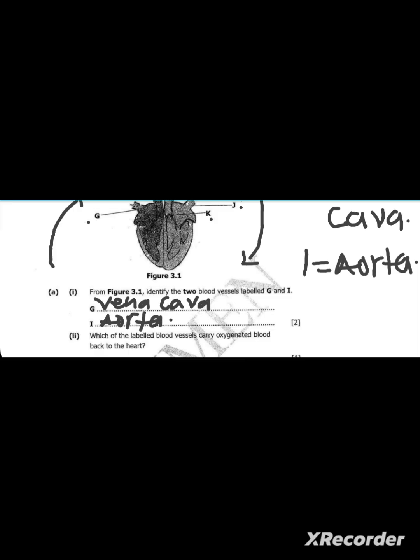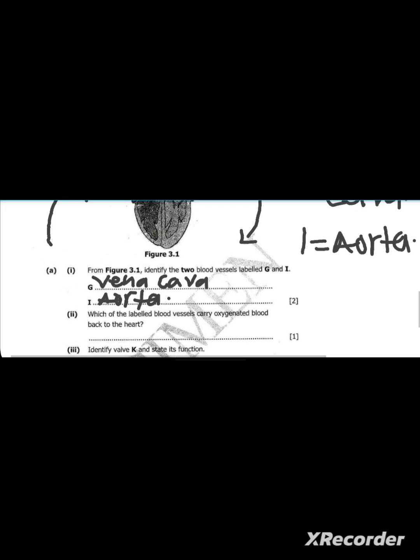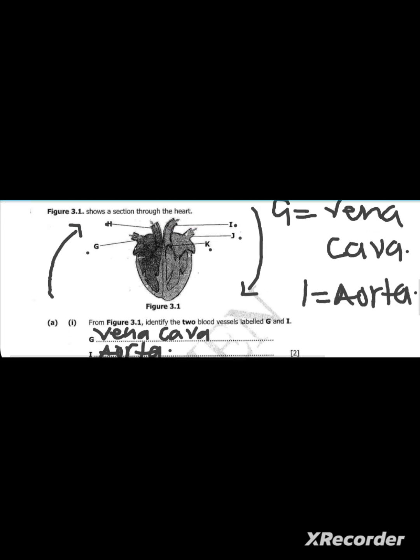The next question is saying, which of the labeled blood vessels carry oxygenated blood back to the heart? Back to the heart means the blood is coming from the lungs after oxygenation, and it comes back to the heart through the pulmonary vein.